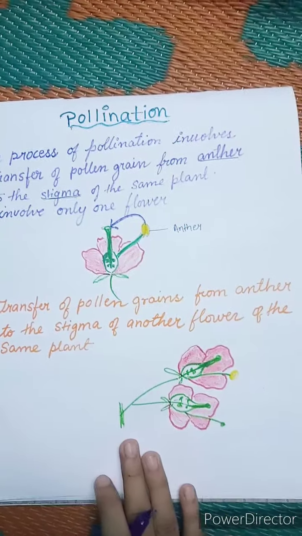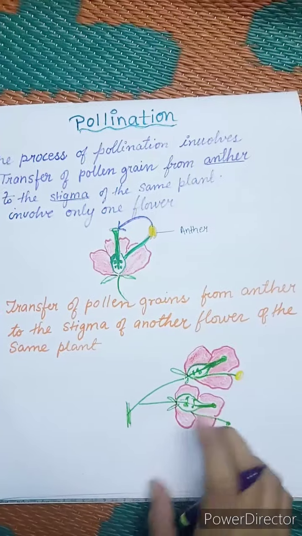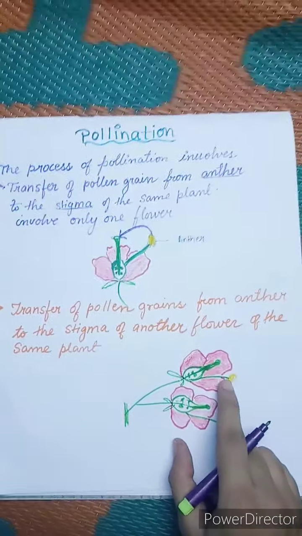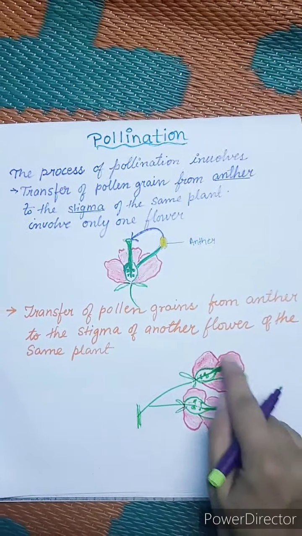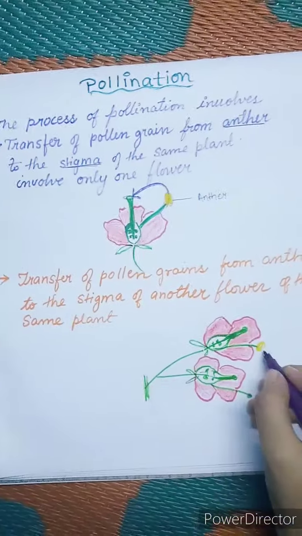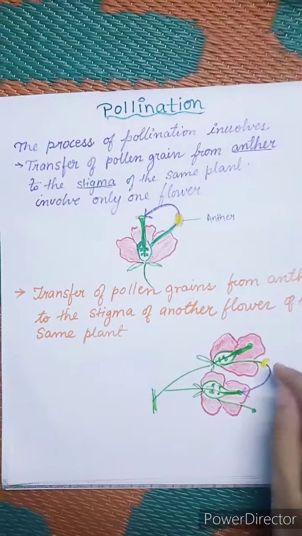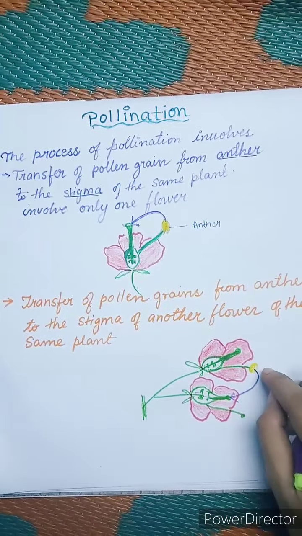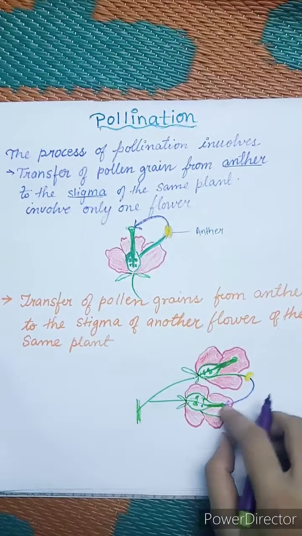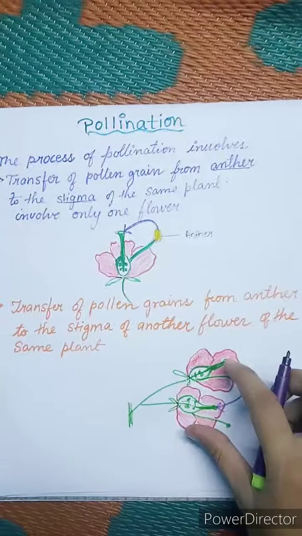Suppose this is a plant and it has two flowers. So transfer of pollen grain from the anther of one flower to the stigma of another flower of the same plant, meaning they are of the one plant.